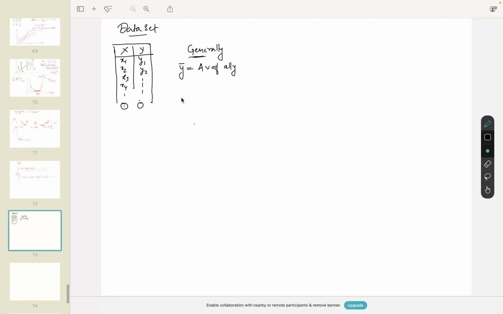Let me draw a graph for you all. This is also a way of predicting. It's a general way of prediction, but it is also a prediction: the average.